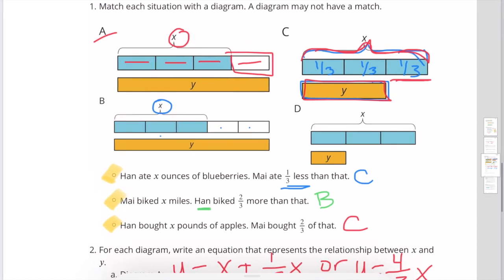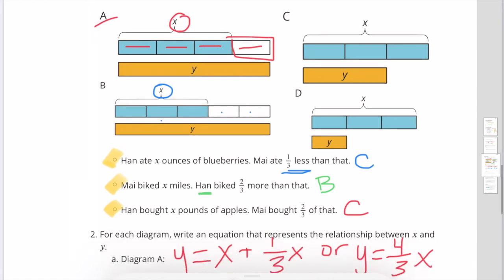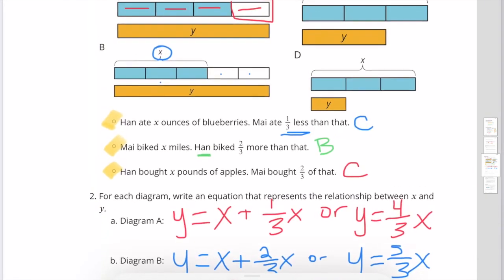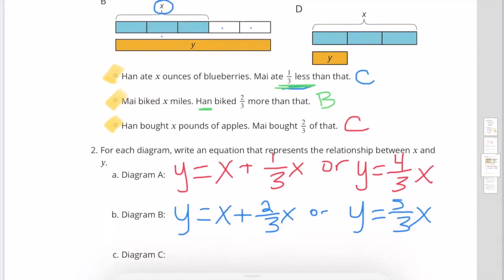Okay, what about C? Well, now we notice that Y is less than what X is. So we would not be adding now. We see X takes up 3/3. So if Y only takes up 2 of those thirds, what would my equation be? Okay, so we know that C matched our situation here with Han when it said that May ate 1/3 less than that.